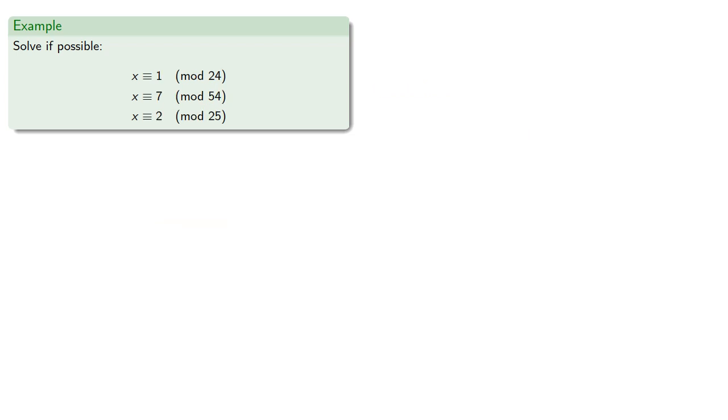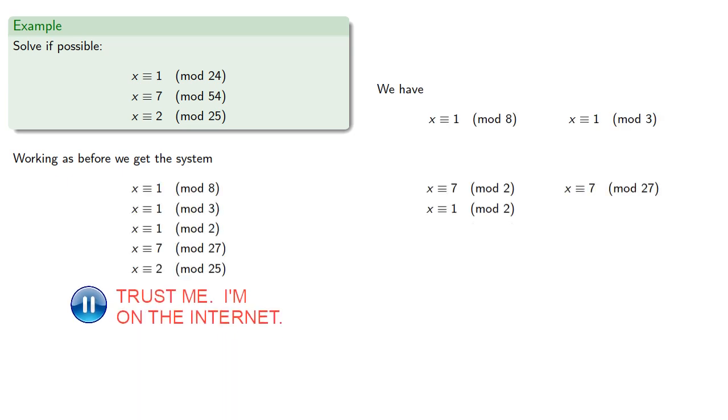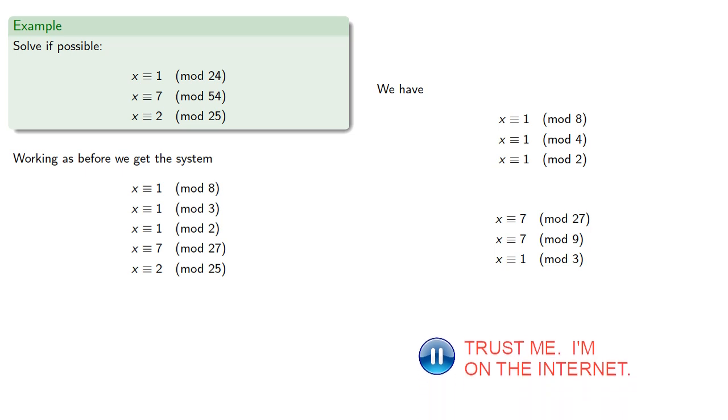What if we have something like this? Working as before, we get and again, our power of 2 induces some other congruences, and our power of 3 induces some other congruences.